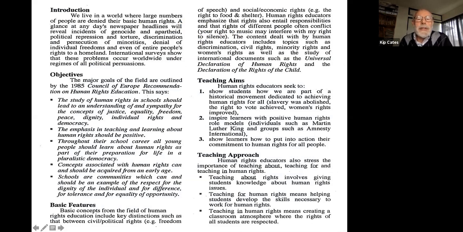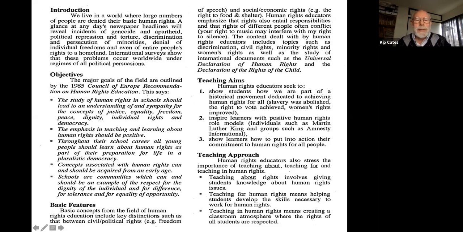A glance at any day's newspaper headlines will reveal incidents of genocide and apartheid, political repression and torture, discrimination and persecution of minorities, denial of individual freedoms and of entire people's rights to a homeland. International surveys show that these problems occur worldwide under regimes of all political persuasions. So our world is a world which faces a wide variety of human rights issues.